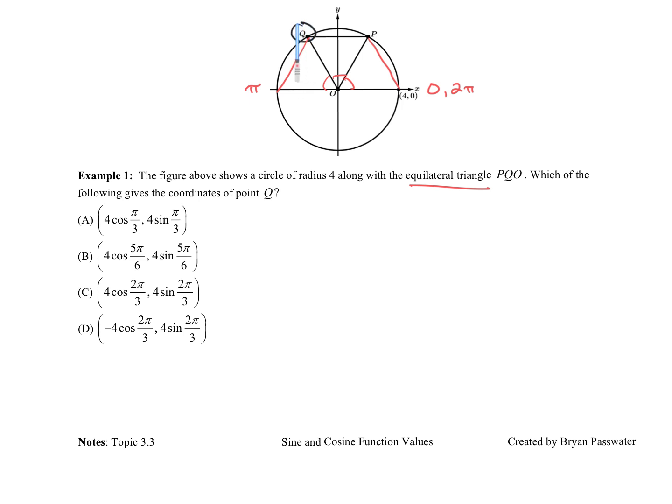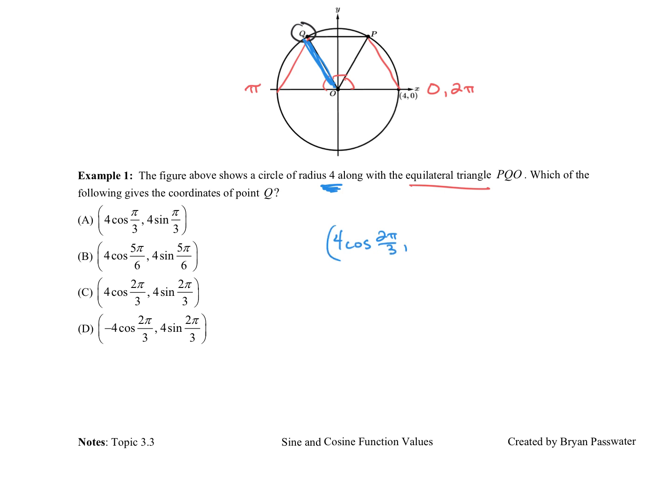And so that would be its angle measure for angle Q, 2 pi over 3. And again, to solve for our coordinates, it's r cosine theta for my x, and then it's r sine theta for my y. And so on this one, my r, it says, is what? 4. And so we'd have 4 cosine of what angle measure was Q? We just talked about it. 2 pi over 3.